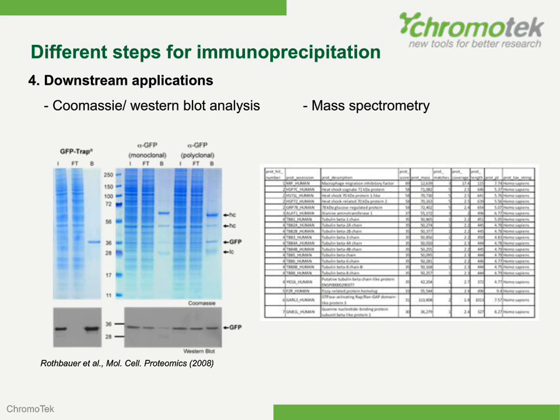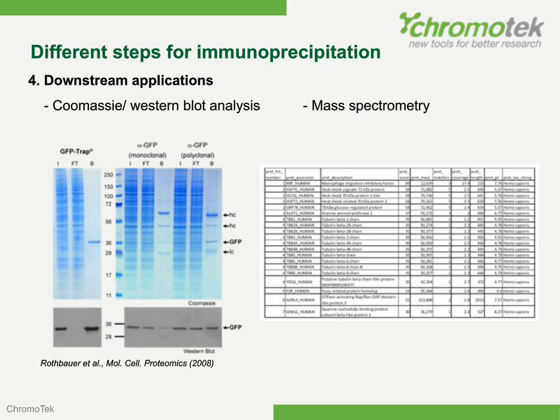And as you see, GFP was pulled out very efficiently using the GFP-trap. And since the antibody is covalently linked to the beads, you don't have any heavy and light chain contaminations in your Western blot or your Coomassie gel like you normally have when doing your IP with conventional antibodies.